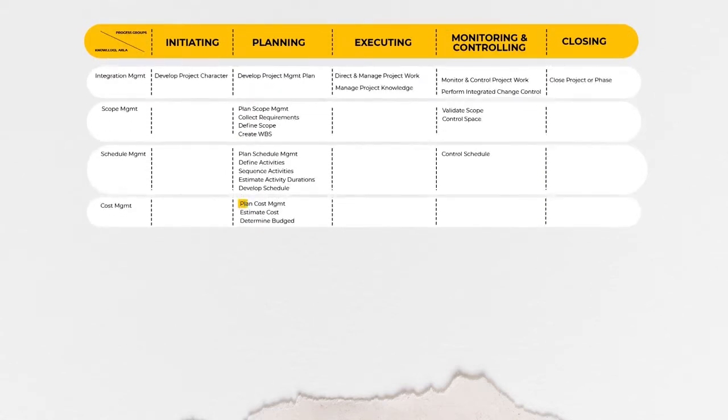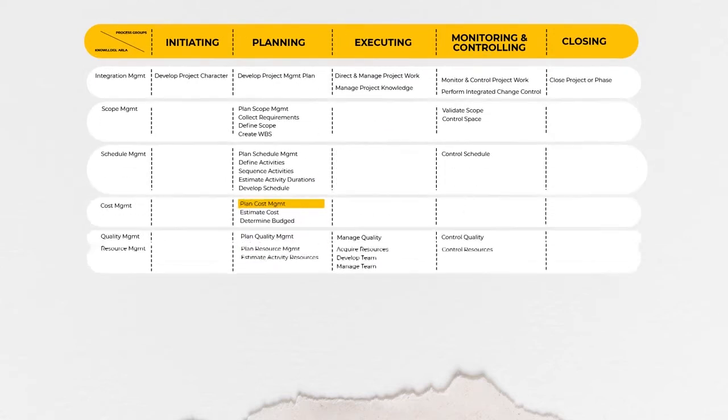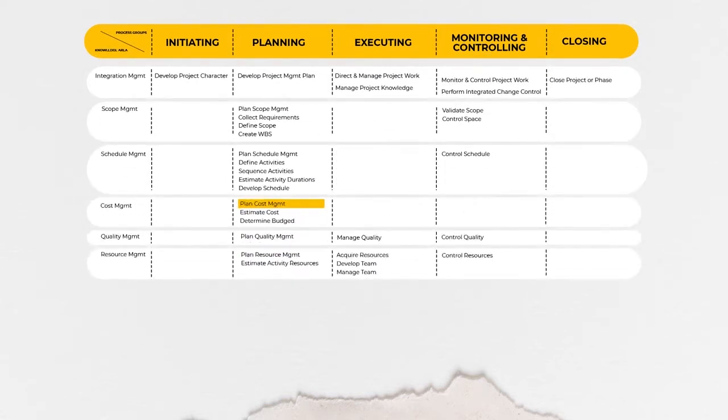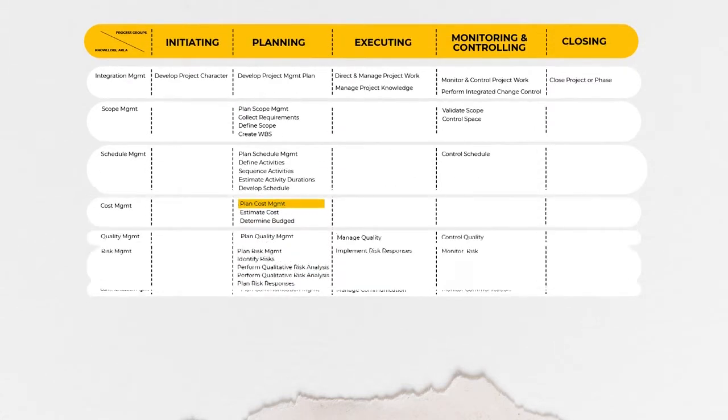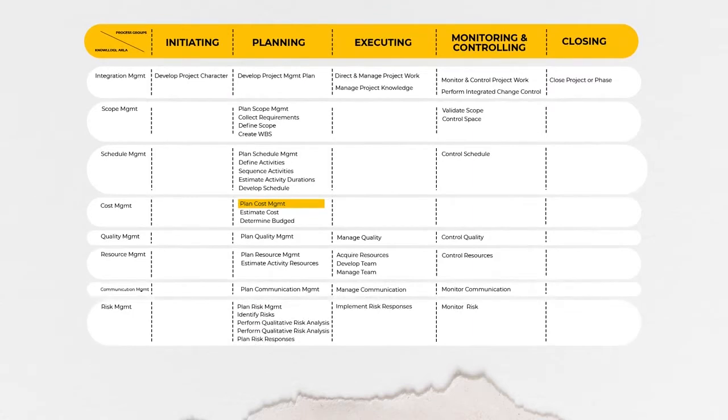PMBOK stands for Project Management Body of Knowledge, and it is the entire collection of processes, best practices, terminologies, and guidelines that are accepted as a standard within the project management industry. PMBOK is considered valuable for companies as it helps them to standardize practices across various departments, tailor processes to suit specific needs, and prevent project failures.